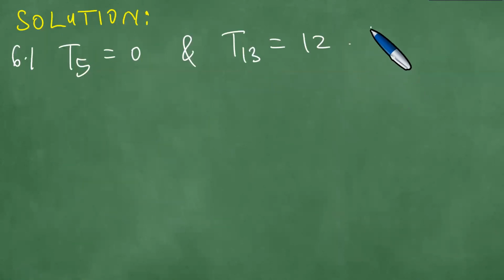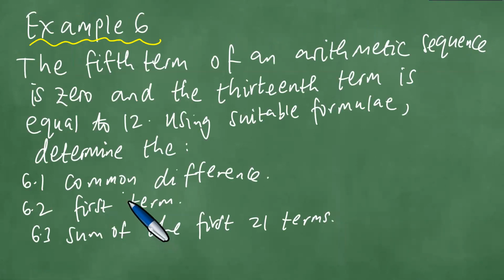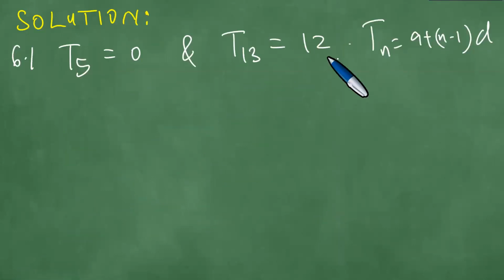Okay, a couple of things we know, like we know our Tn formula. Is it 13 or 30? Let's check. It's 13. The 13th term is 12, which means 13th means 1, 3 is 12.